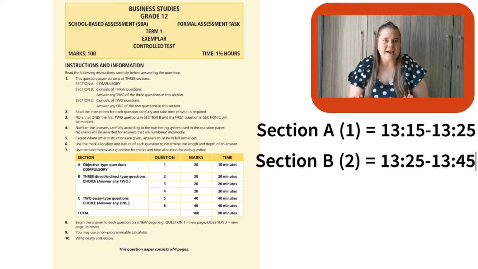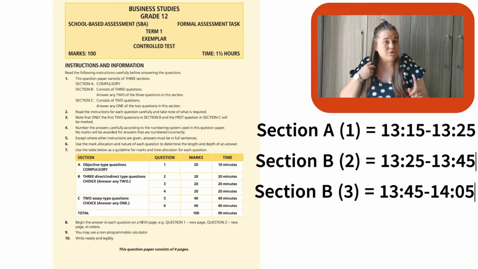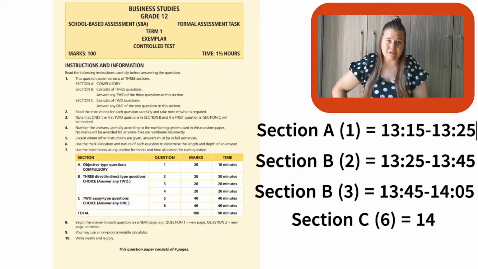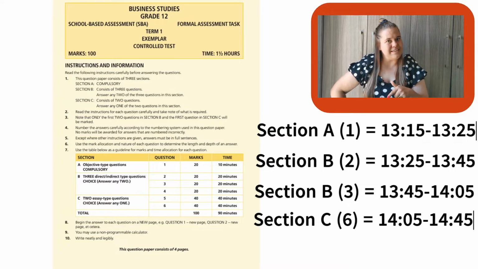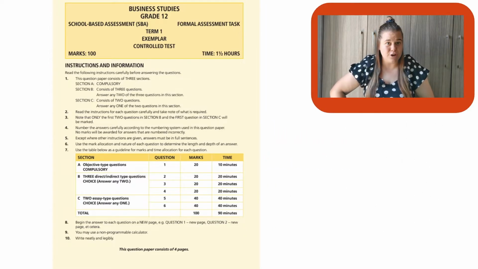I just found that that helped me so much because I could then plan my time. I could also see where I was wasting my time, and then I knew come this essay, I'm not going to have enough time, so maybe I'll skip that section for now, come back to it later. Just a small little tip that used to really help me as a student, especially with business studies. You know, section B is a lot. And let's not even get started with the essay.